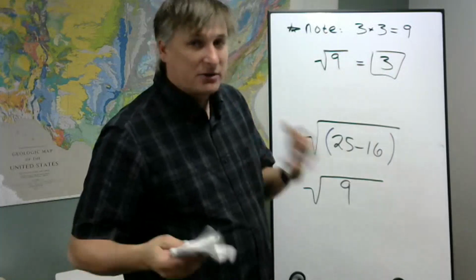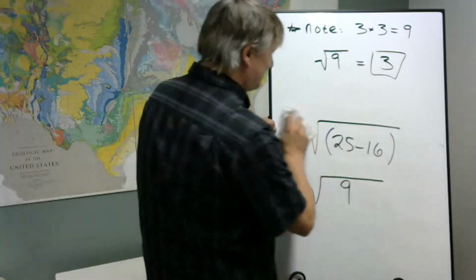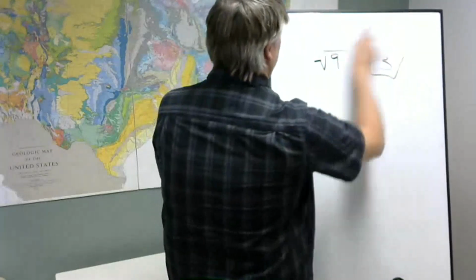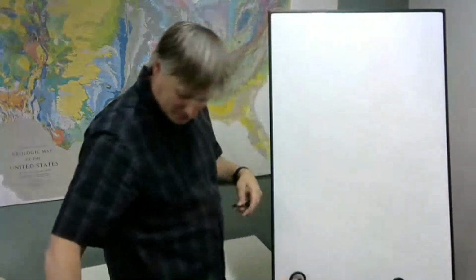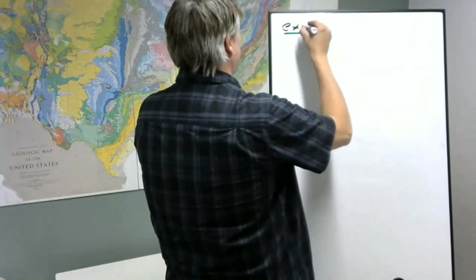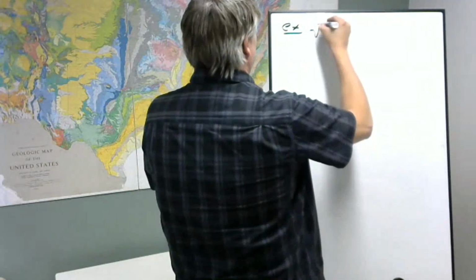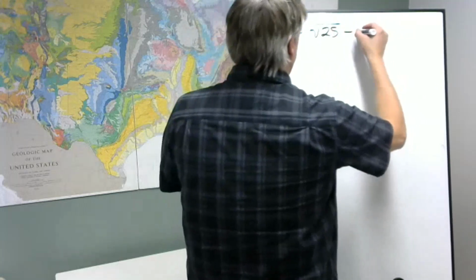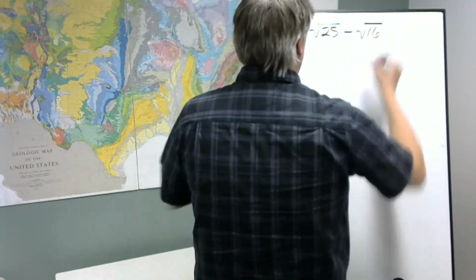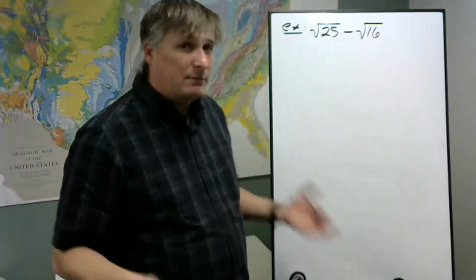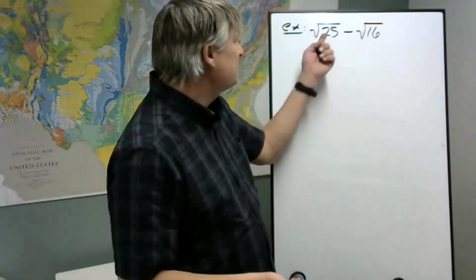Now let's say we change things up a bit. Now let's say we have something like this. Well, again, we want to imagine the square roots as if there's invisible parentheses on the inside.